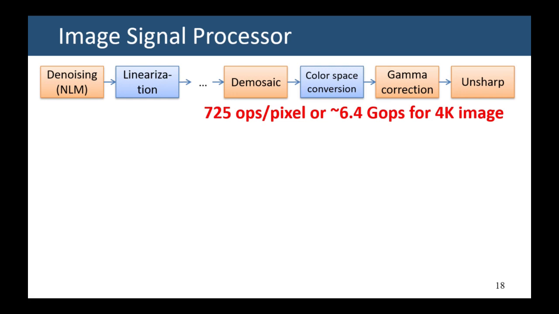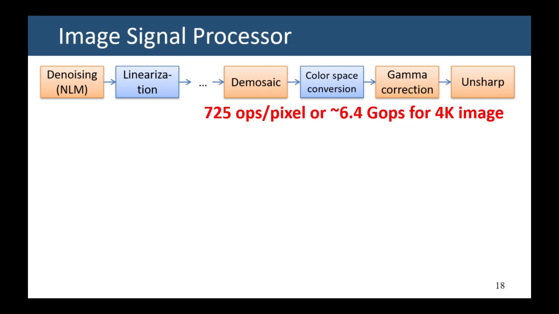It is worth noting that ISP is a complex application, which is usually fabricated as a chipset for modern cameras. In our application, it has 725 computational operations per pixel, or around 6.4 giga operations for a 4K image. I would say here that the application is complex enough for the scalability study.